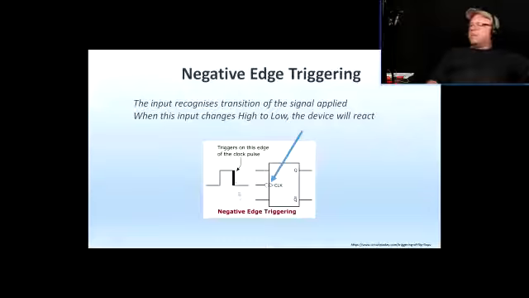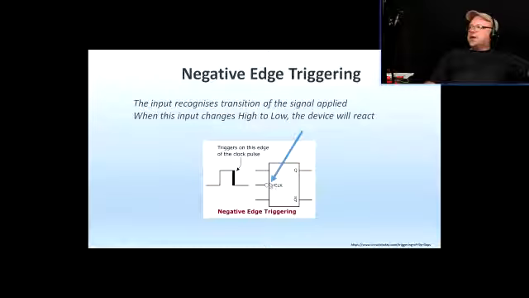It's the same thing, but now when the signal goes from high to low, whatever this thing is programmed to do, it could be hardwire programming or software programming, whatever the function of this device is, it's going to kick in and react when the signal goes from high to low. So that is called negative edge triggering.